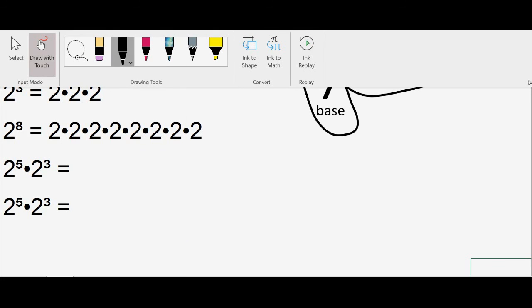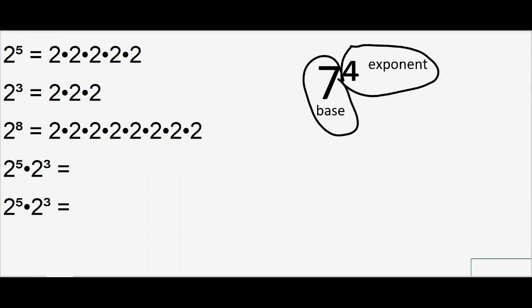If we look at what that actually means, that means multiply 5 2's together. I'm using the dot for multiplication. A lot of people get overwhelmed by the parentheses, so for these demonstrations, I use the dot. We don't use the X because in college we use X for other things.